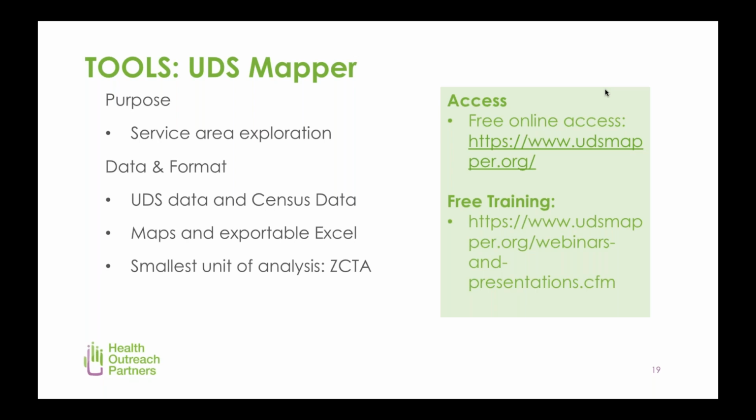So it has these cool features where you can look at patient origin, so where the addresses are of patients who are going to your health center, or going to other health centers in your community. And it also allows you to look at the distance if you want to explore a service area and put another service point in, see how far people would be willing to drive or move across space to get to your community. So there's different ways of looking at transportation.